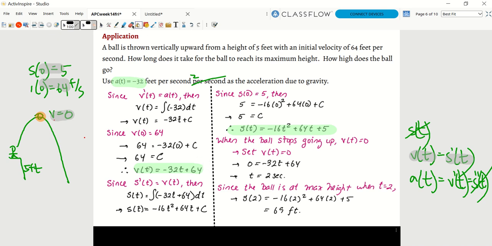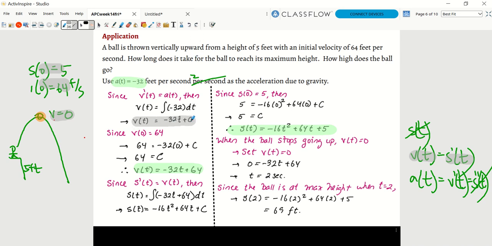Okay, so from here all the way to here is just building the velocity function, building this position function. So here we're going to go again. We're going to take the antiderivative of the acceleration function, which is here, okay. And the antiderivative of this is going to be this plus c, okay.